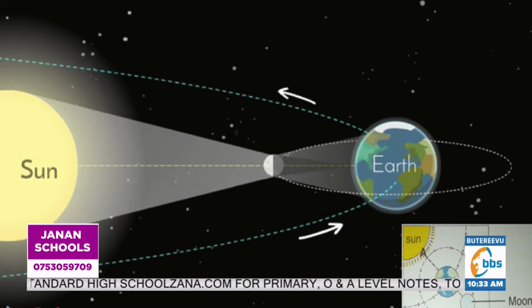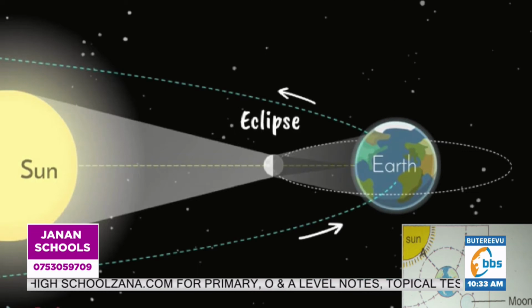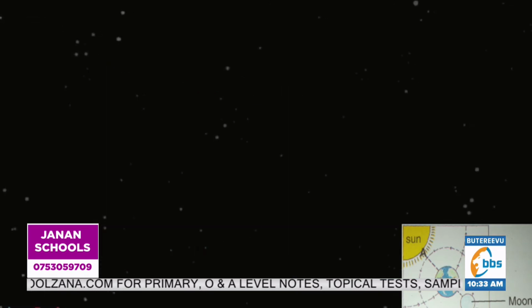So when they come in line, it will block the light, and the shadow will be formed on the Earth. For example, if it is the Moon blocking the light from the Sun, then the shadow will be seen on the Earth.